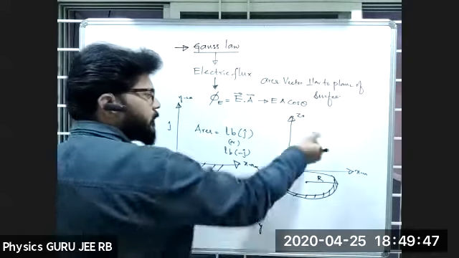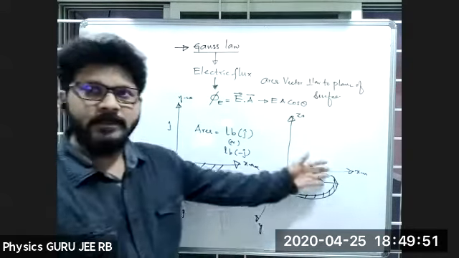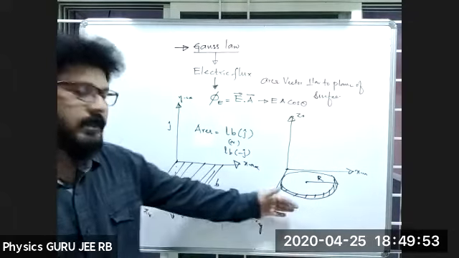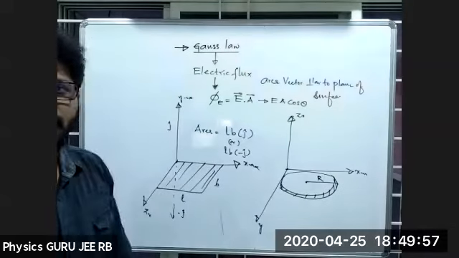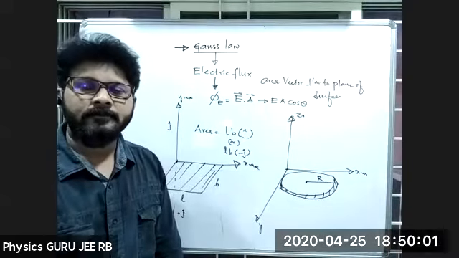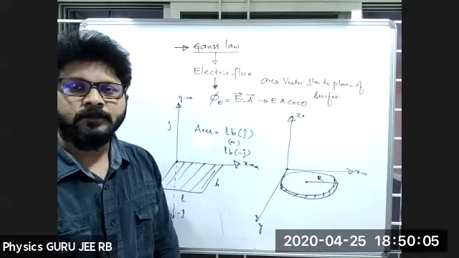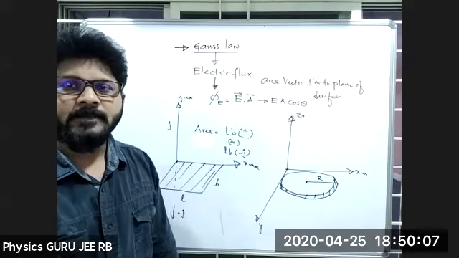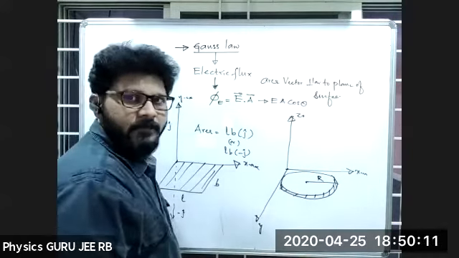Next, going back to this one, what is the area for this? Area is pi r square. Z means K cap or minus K cap, right?